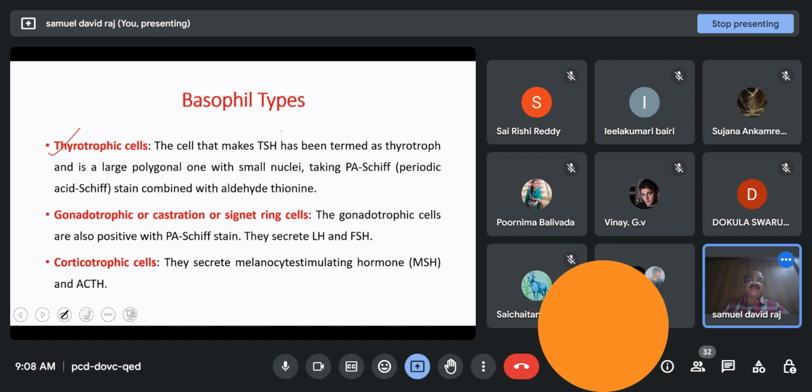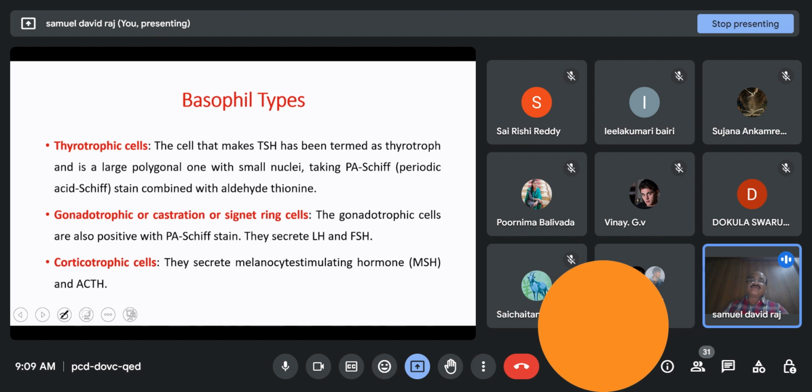The cell that makes thyroid stimulating hormone is called a thyrotroph, and it is a large polygonal cell with very small nuclei, and they take up periodic acid Schiff stain combined with aldehyde thionin. They are responsible for secreting thyroid stimulating hormone.